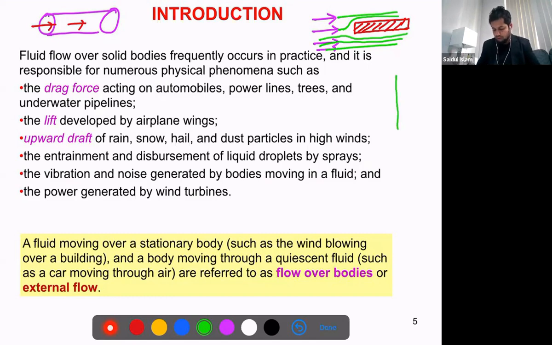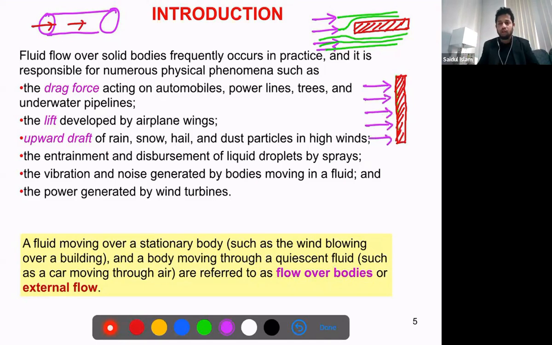If we put this plate in the vertical direction like this, there should be different orientations. Say this is another plate, in a vertical direction, but the flow is going this way.